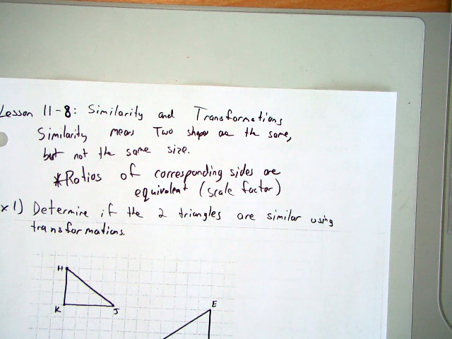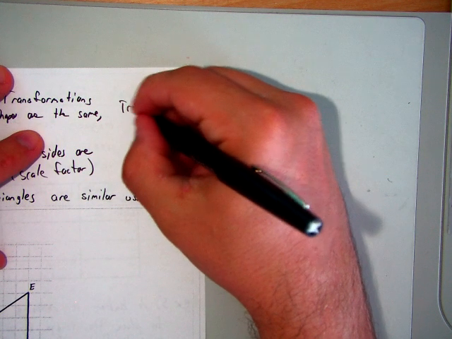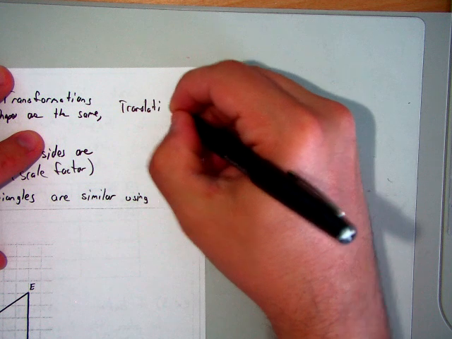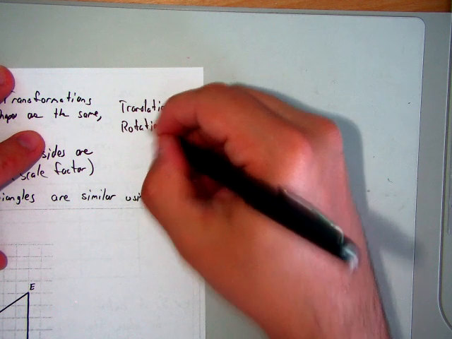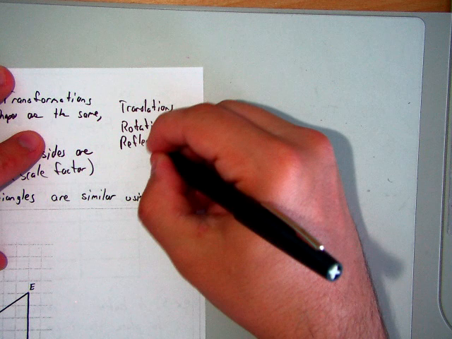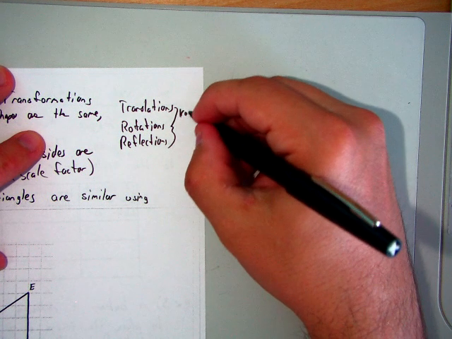Now, just like with congruence and transformations, we can still use translations. We can still use rotations. And we can still use reflections because these keep the shape.